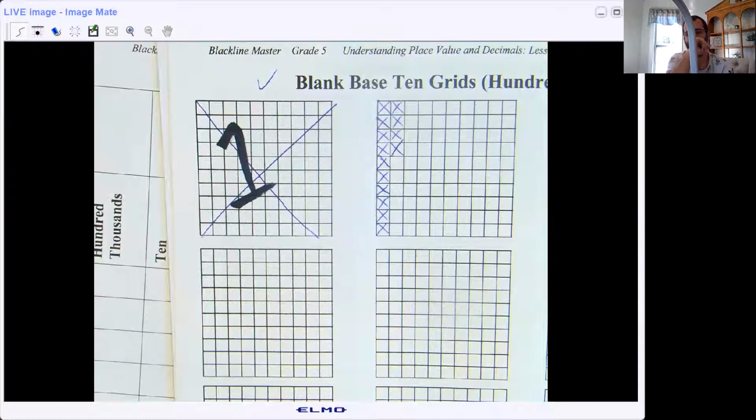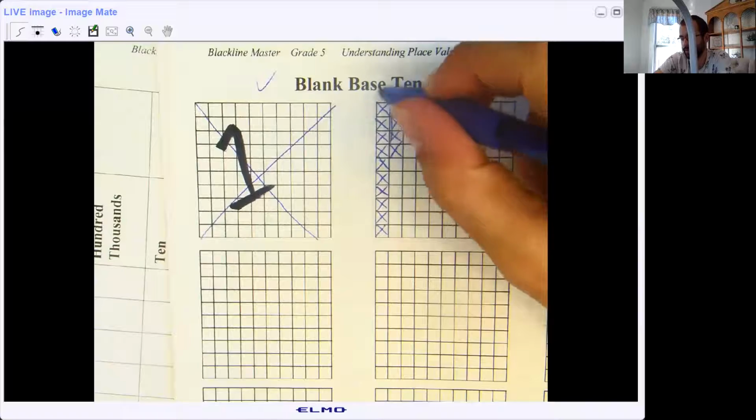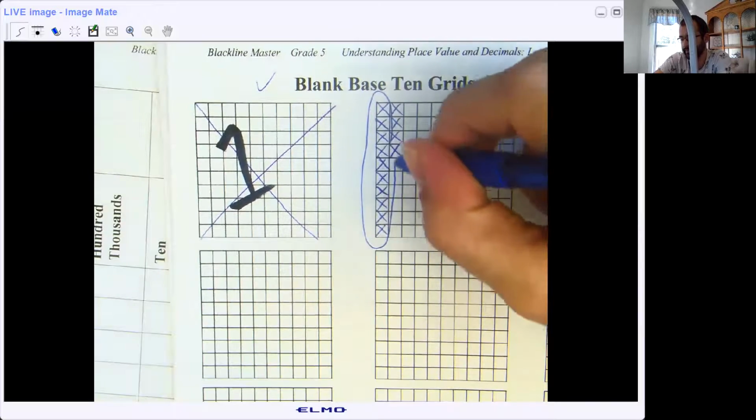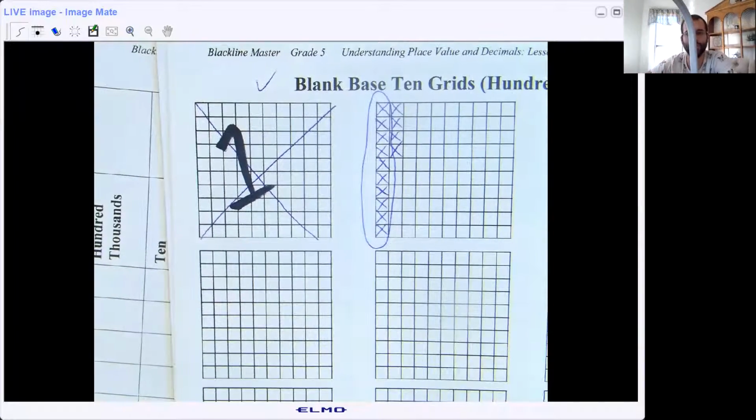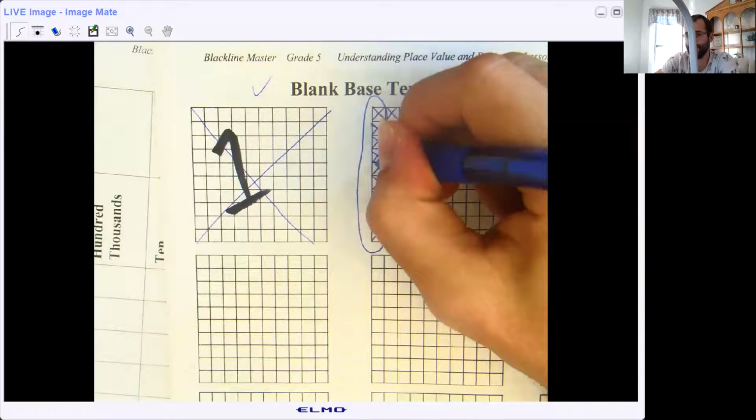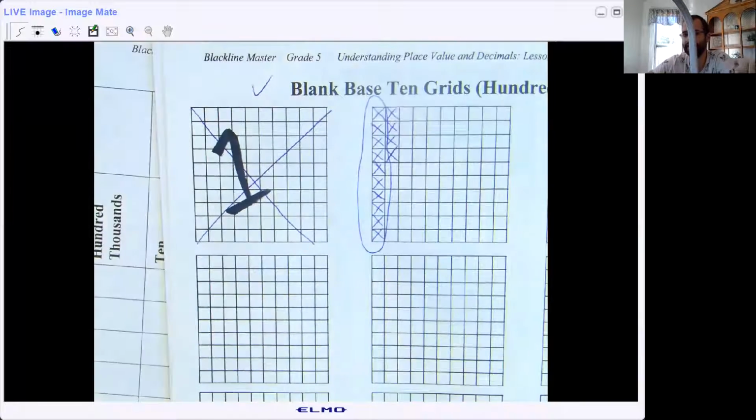Wait a minute. I crossed out 14, but do you notice that when I crossed out 10 of them, I crossed out a rod? So when I did 14, I crossed out a rod and then had 4 left over.